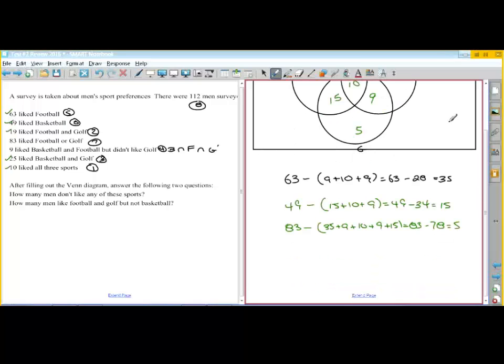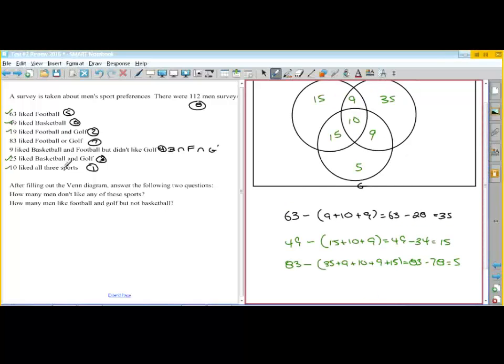And we're almost done. We don't have what's outside there. So we had 112 men surveyed. And we already have all these other ones taken into account. So we add all those up. There's going to be 1, 2, 3, 4, 5, 6, 7. So we add 7 numbers. 15 plus 9 plus 35, 15 plus 10 plus 9, and then 5.